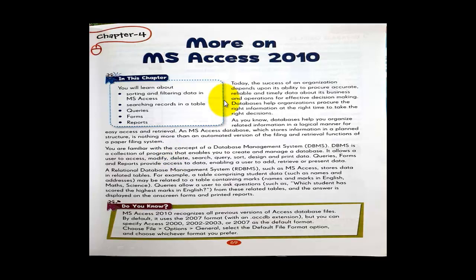Like if you want to display only the names of students or the students, suppose we have a record of a class. So if you want to see the student who got the highest score, then you can make this filter and you can see it.